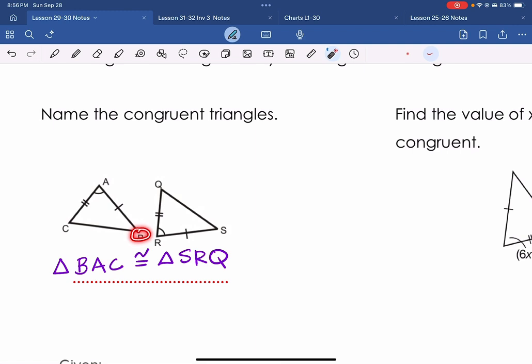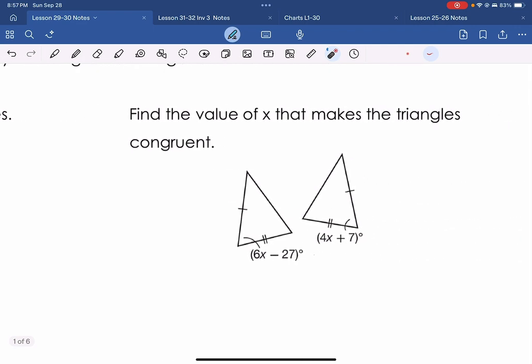If I'm going to start with B and I'm going to go across the side with one tick mark and then across the side with two, because I said B, A, C, then I have to do the exact same thing. Starting with S, I've got to go across the side with one tick mark and then across the side with two tick marks. So that's why it's S, R, Q. Order matters.